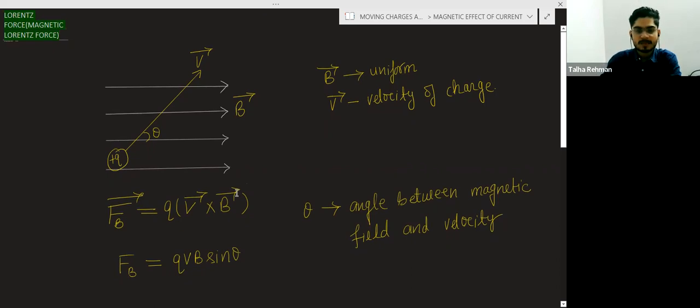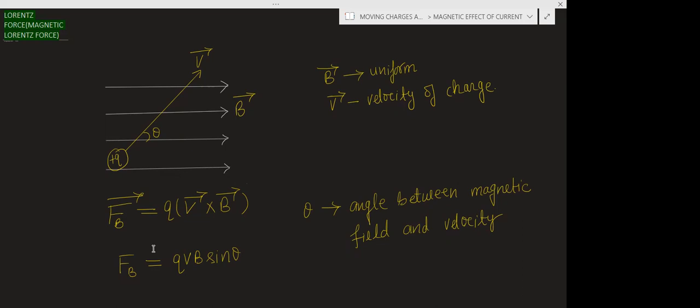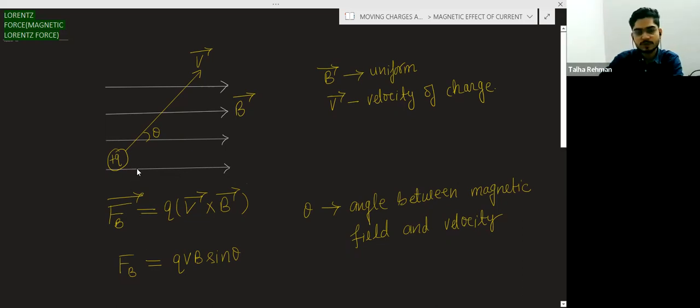Now, what will be the direction of this force? For the direction of this force, we will again apply the right hand rule. The right hand rule says to point your fingers along the direction of the velocity and curl them towards the magnetic field. When you do that, you will get the direction inwards, so the direction of this force will be inwards, meaning this cross.